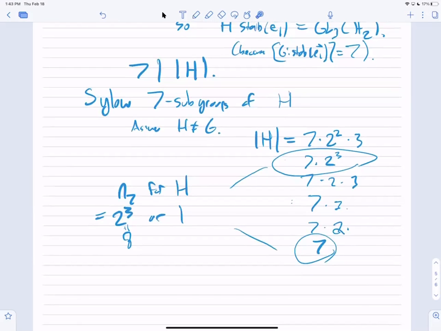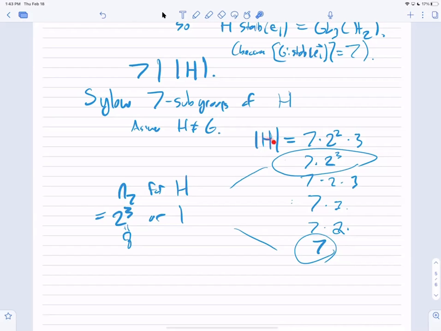We're trying to prove this group is simple, and it would be bad for us if there were only one Sylow 7 subgroup of H, because H is a normal subgroup.